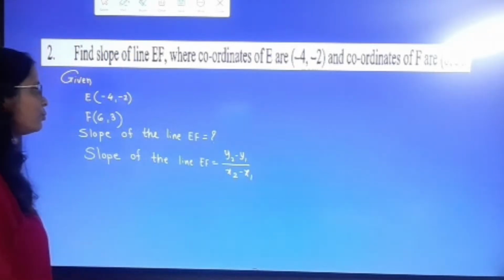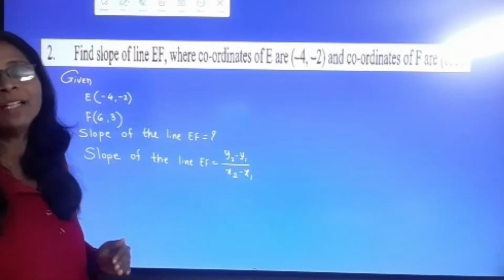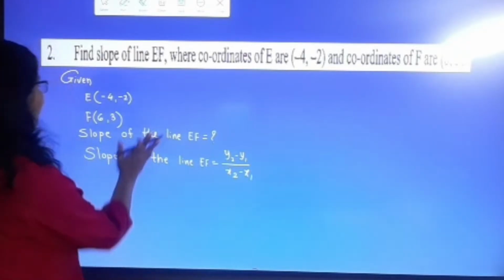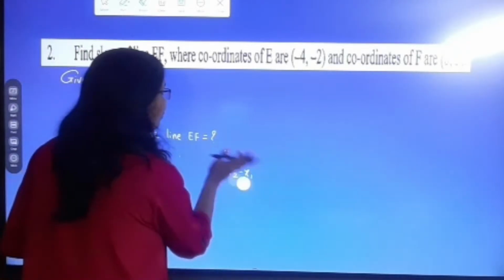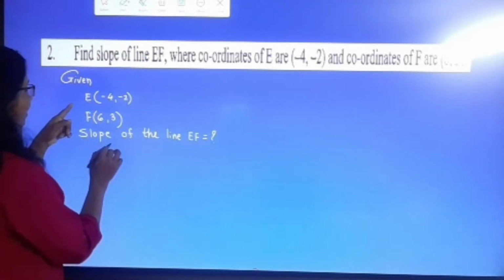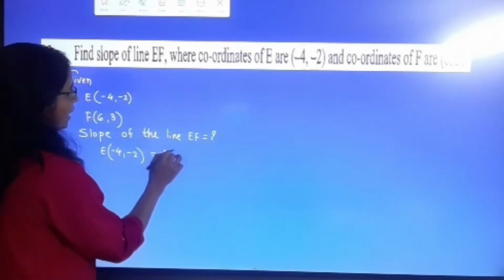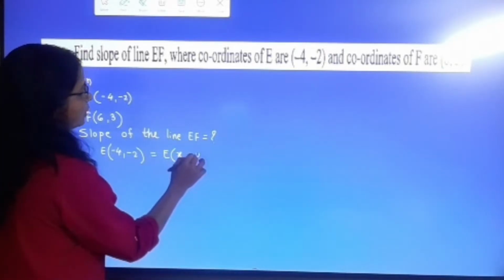So now here students, before writing the formula, there is a necessary condition that I should write down: let us consider E as my x1 y1.